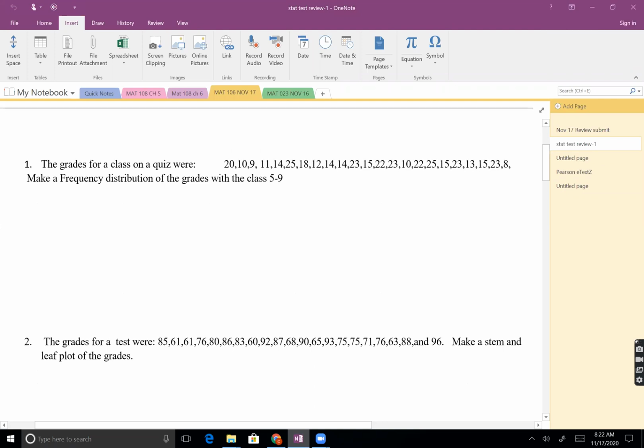Okay. So what we've got here, question 1, the grades for a class on a quiz for 2010. I ask you to make a frequency distribution of the grades with the class, first class being 5 to 9. Does everybody remember what a frequency distribution is?